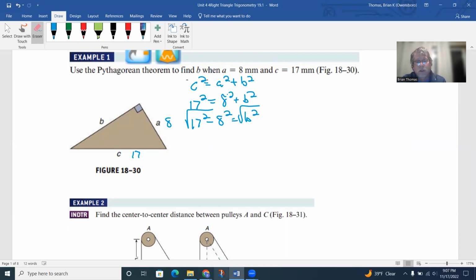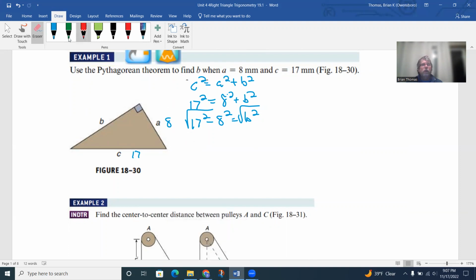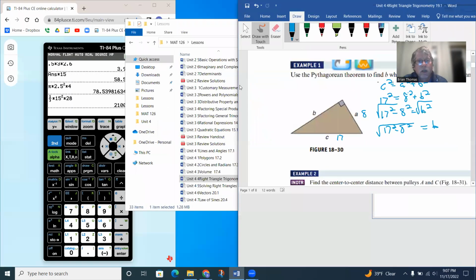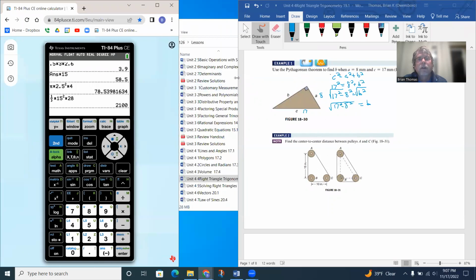Using my calculator, I don't actually have to work this math out. I can just put it in as is. So the square root of 17 squared minus 8 squared is going to equal b. If I just leave that math like it is, I can then just use my calculator. Let me adjust this again; it jumps on me.